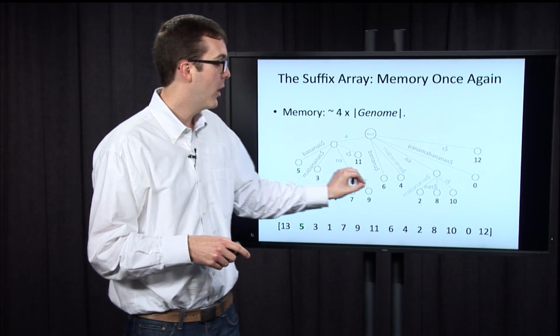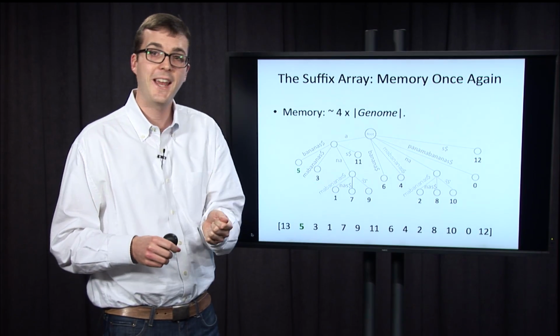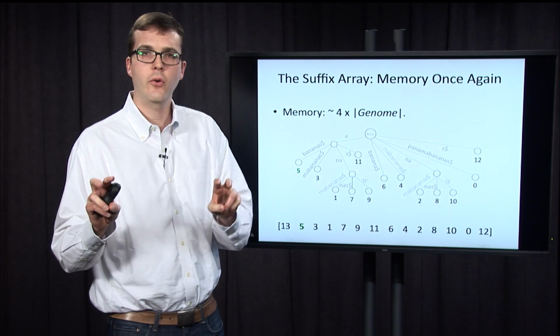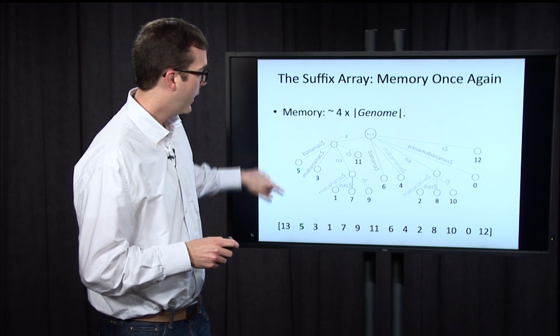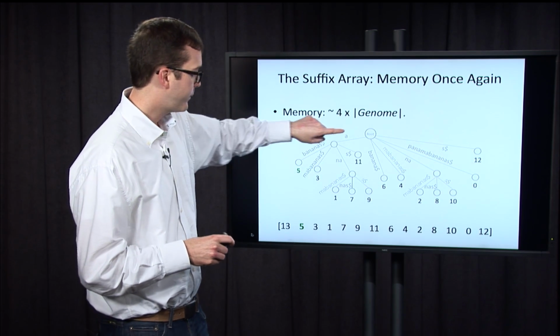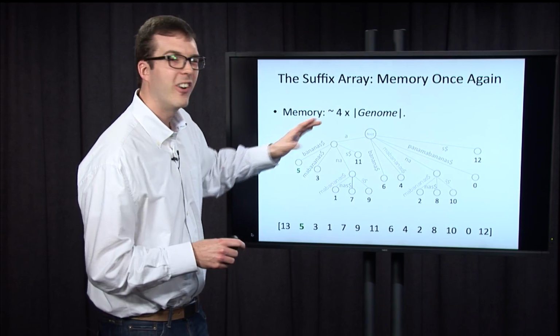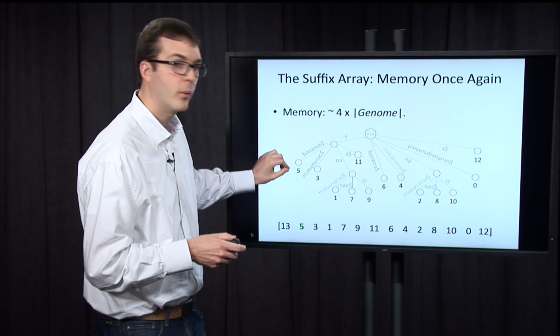Remember, we labeled the leaves of the suffix tree with the starting position of the suffix that ended at that leaf. And if we do what's called an in-order traversal of the suffix tree, then we can reconstruct the suffix array by going down to 5. And so we go down and to the left as much as possible at each step, and we hit 5.